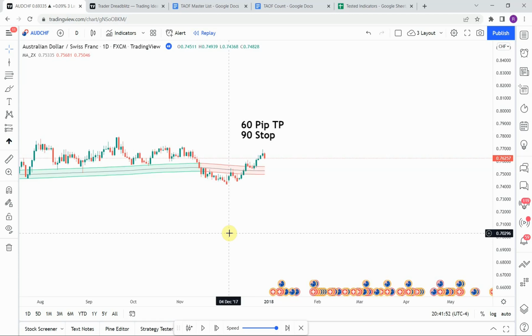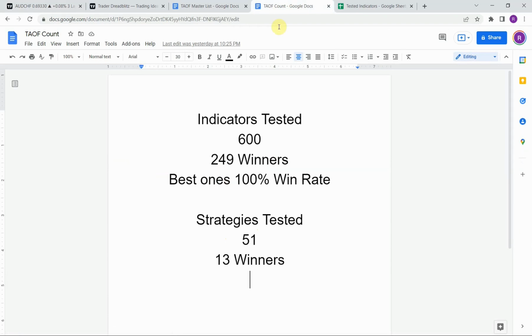Alright, as I said, today we will be testing the zone moving average color direction detection indicator. Before we do though, I wanted to put the testing scoreboard up for everyone to see. So to date, we have tested a total of 51 different strategies, with 13 of them being profitable. We've also tested a total of 600 indicators, with 249 of them being winners.